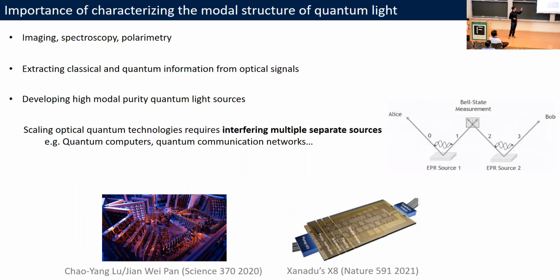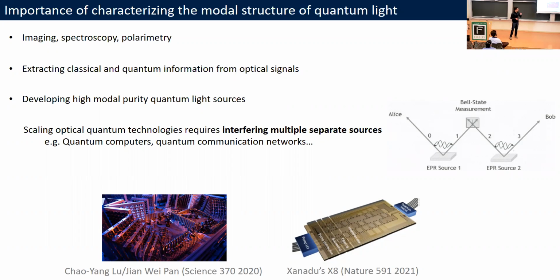And so you can kind of understand that in this simple picture with the simplest interference, well, maybe one of the simplest interference experiments you can do, this entanglement swapping between Alice and Bob. So say Alice and Bob send one of their photons from their pair sources onto a beam splitter to do the Bell state measurement. And in optics, the Bell state measurement relies on Hong-Ou-Mandel interference.